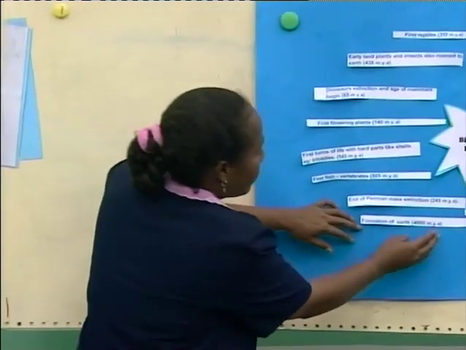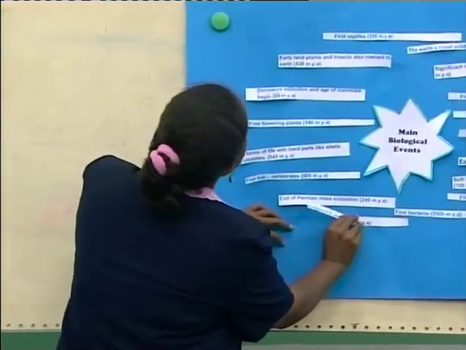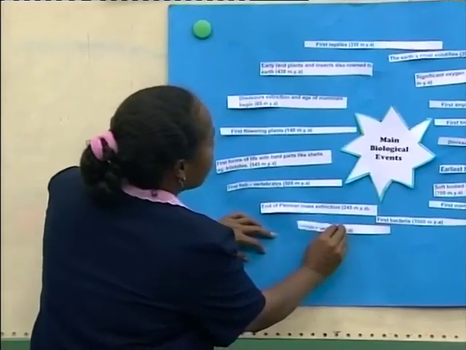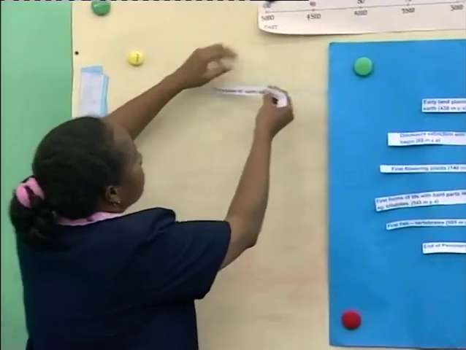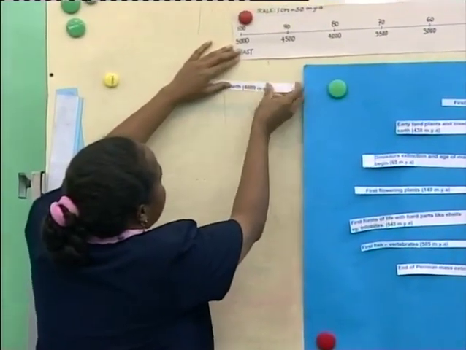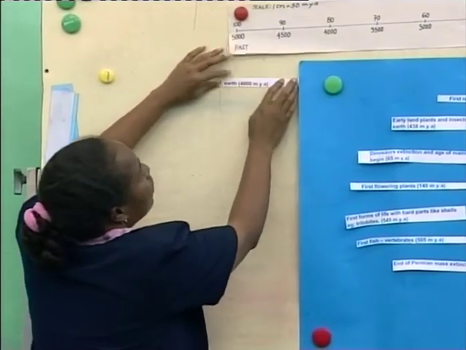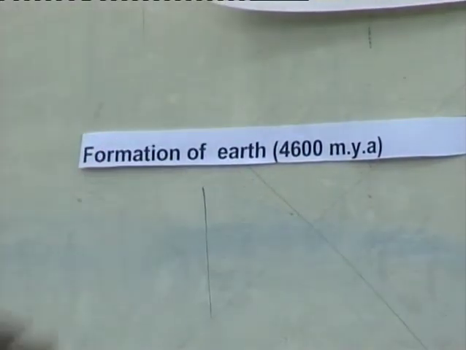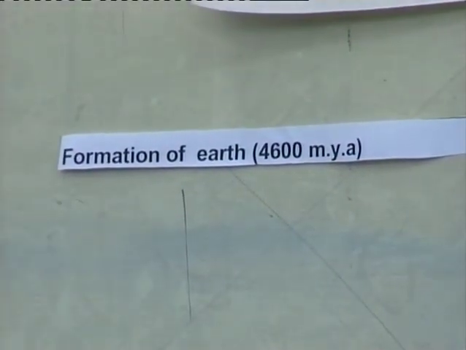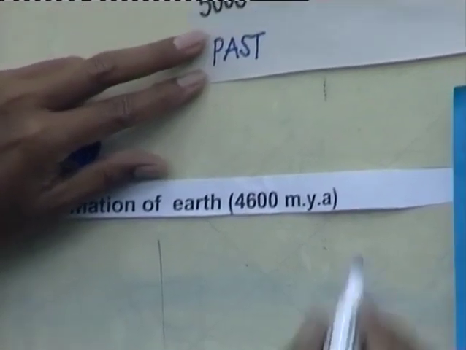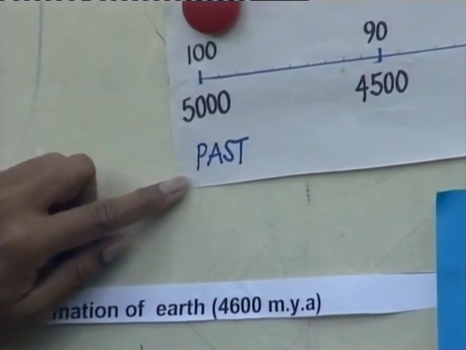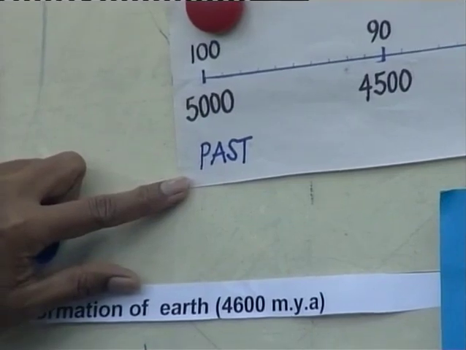So here, 4,600 million years ago, this is what I will do on my timeline. I will now paste it, glue it on the chart that I've given you. Using your marker or pencil or biro, you draw an arrow to where 4,600 million years is.